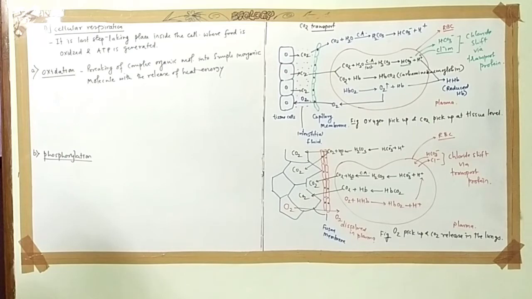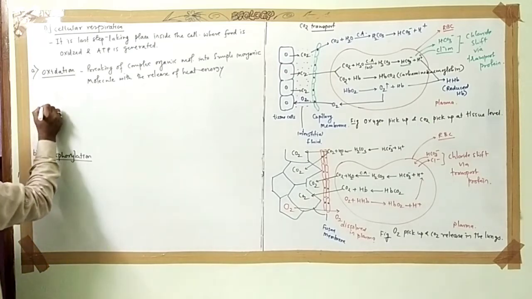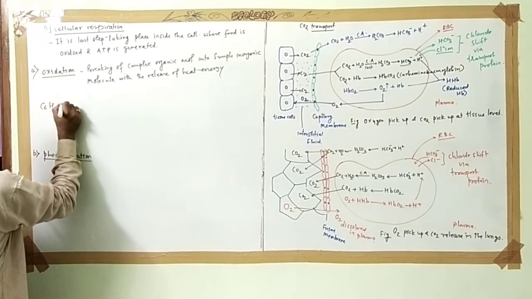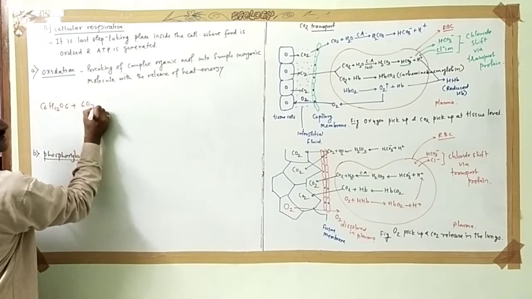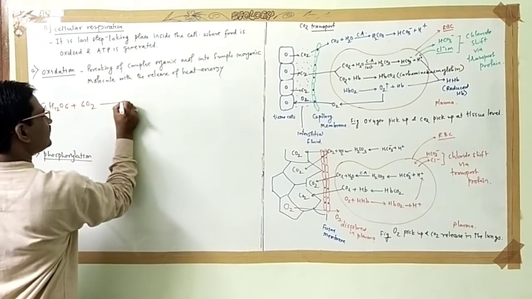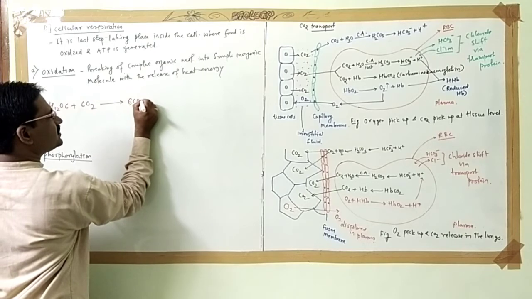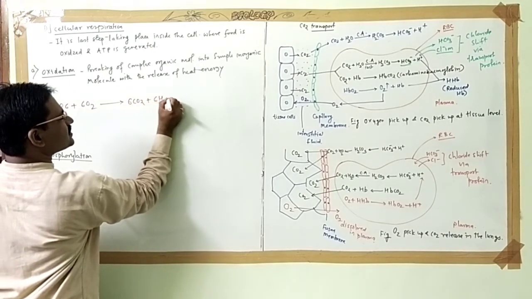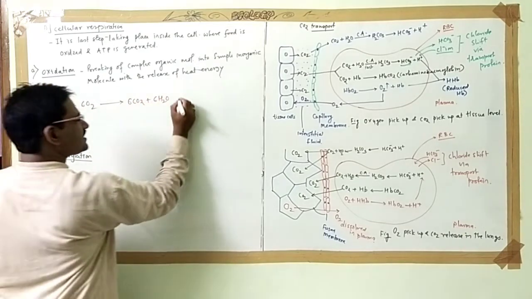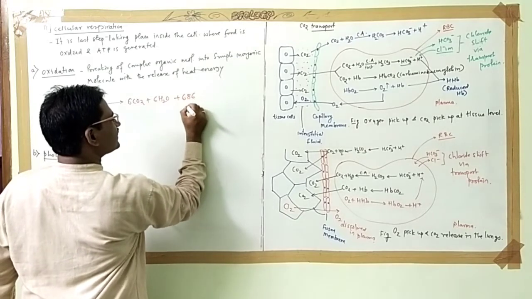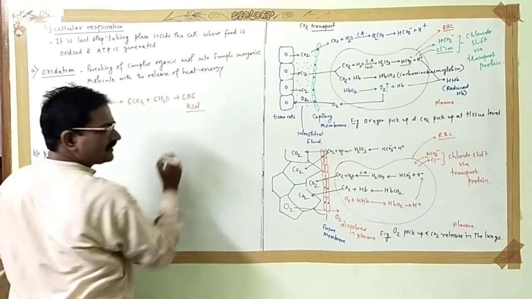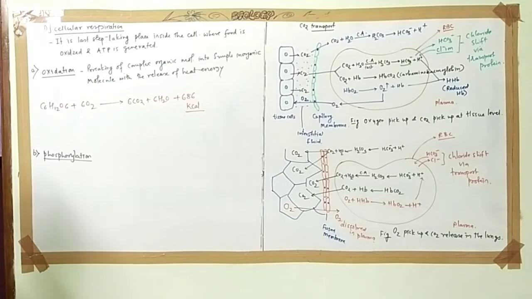The equation of respiration is C6H12O6 plus 6O2 to form 6CO2 plus 6H2O plus 686 kilocalorie heat energy generated.